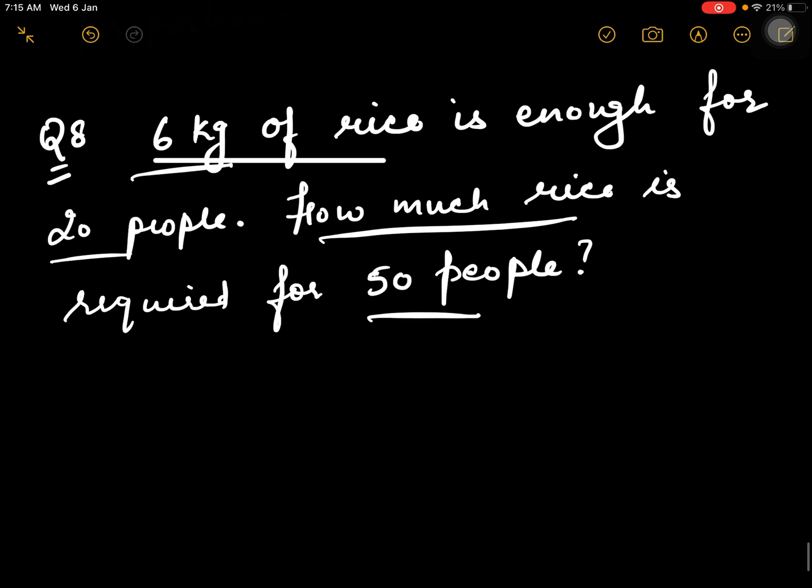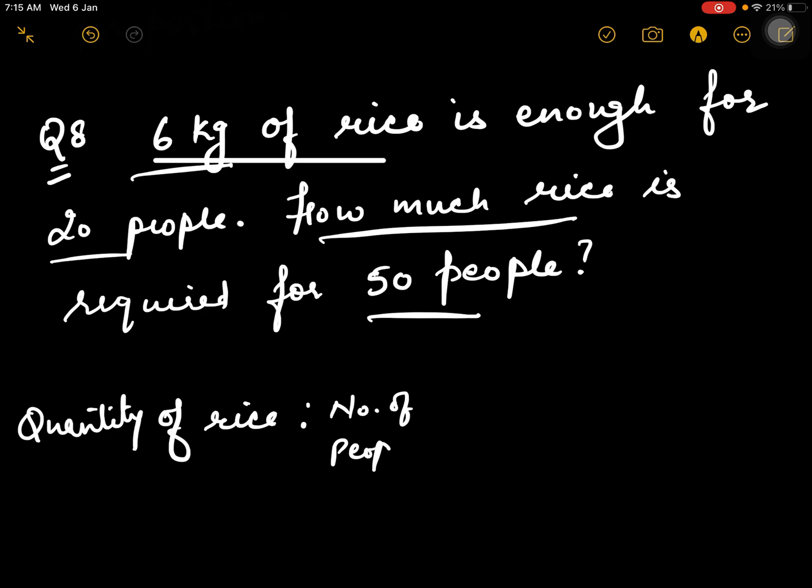So write it here: quantity of rice ratio number of people is proportionate to quantity of rice. Since we wrote quantity first, in the second ratio also quantity should come first.